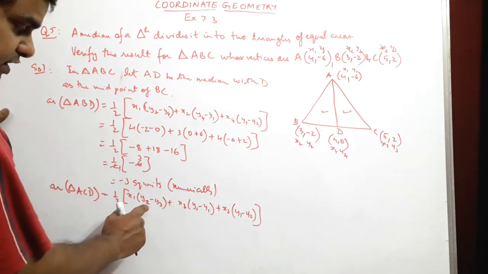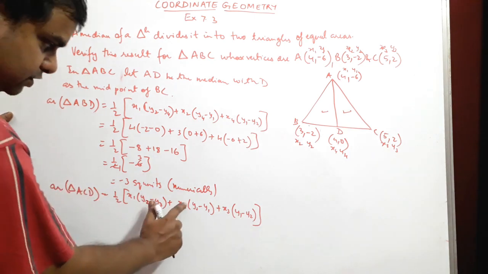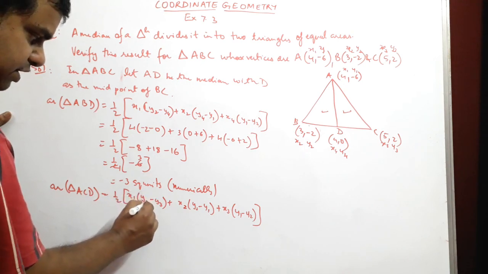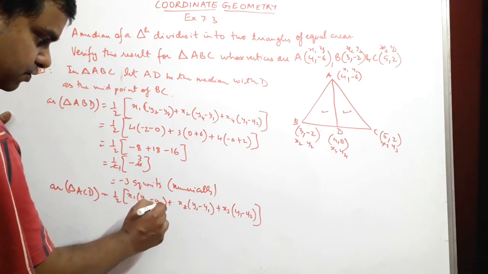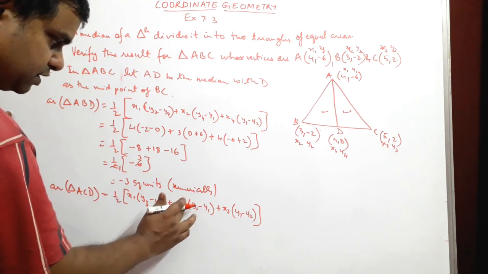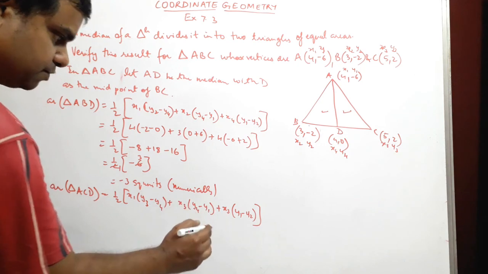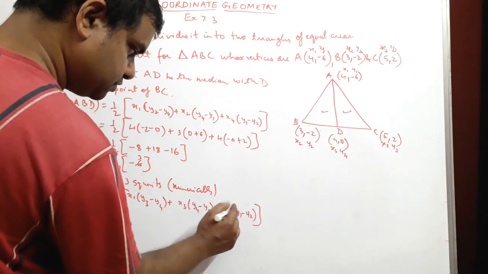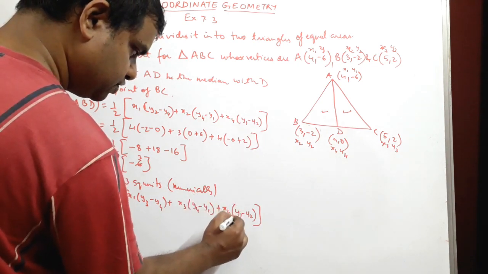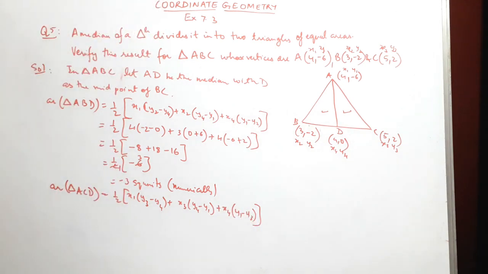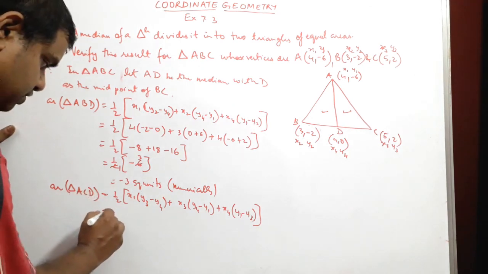So wherever there is 2, we need to change it to 3, and 3 changes to 4. So wherever there is 2, I've changed it to 3, and wherever there was 3, I've changed it to 4. Now you should get the right thing.